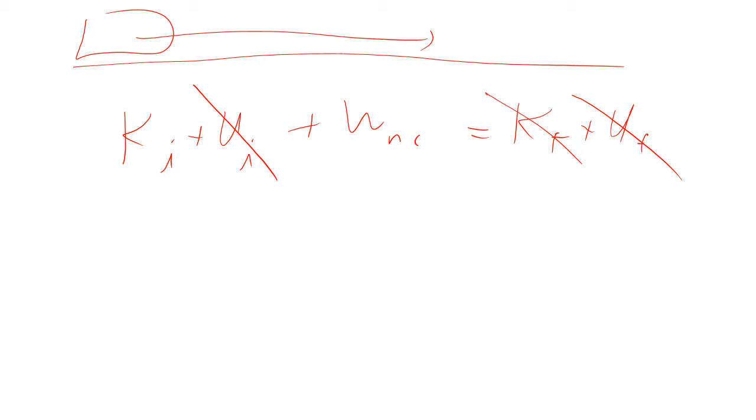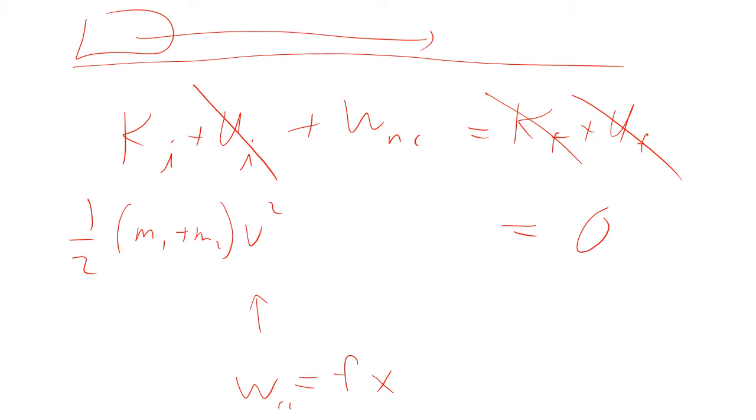Final kinetic energy is 0. So the initial kinetic energy is 1/2 the total mass, v squared, where that v is the velocity after the collision. Okay. Non-conservative work. What is non-conservative work? Okay, the non-conservative work is going to be friction times distance, okay, except negative because friction is opposite the motion.